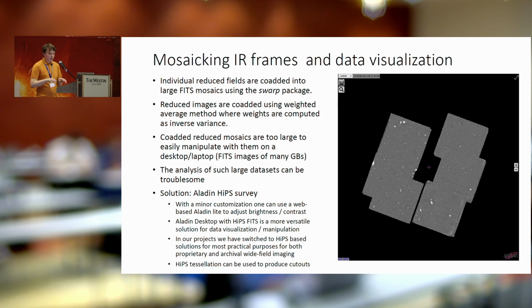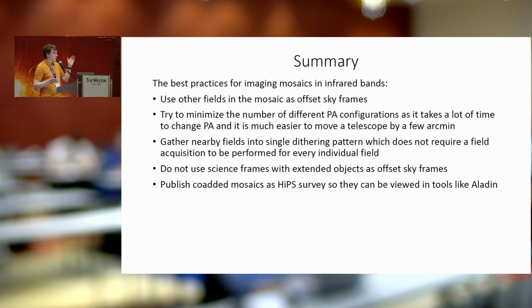And the best way to overcome this difficulty is to use HiPS survey, which can be viewed in Aladin. And this is exactly what we did. We put our data into a HiPS survey, a progressive survey, and you can analyze it now from Aladin Lite and from Aladin desktop.